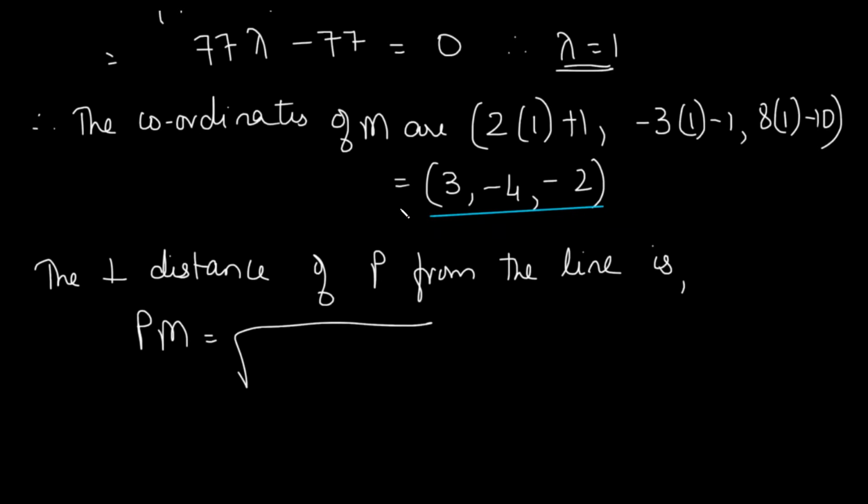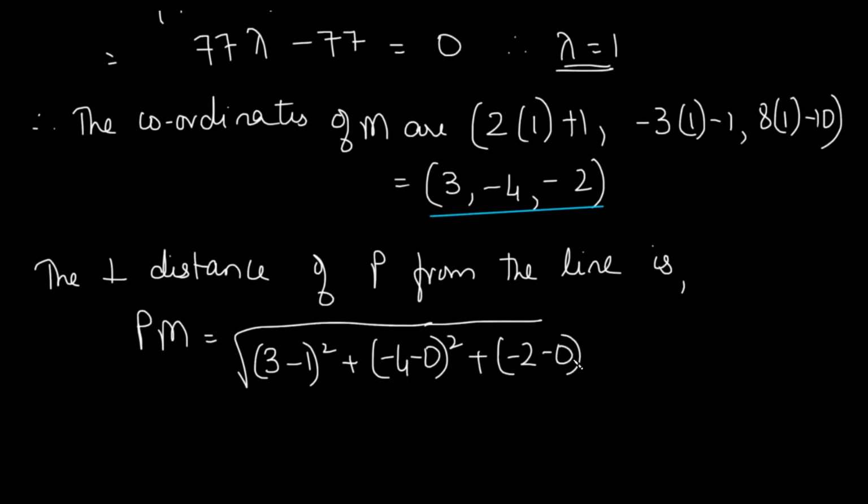The coordinates of P are 1, 0, 0, and M are 3, minus 4, minus 2. So we get 3 minus 1 the whole square plus minus 4 minus 0 the whole square plus minus 2 minus 0 the whole square. Remember that P is actually 1, 0, 0.